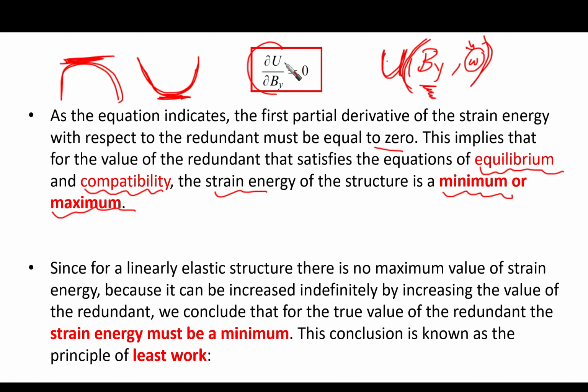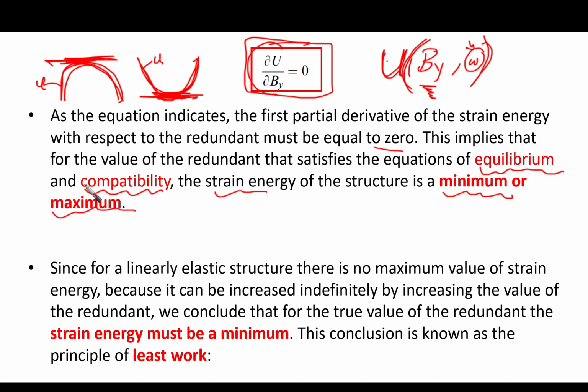Because partial U partial By means the slope of the function, where U is the strain function or the strain energy. So it could be something like this, or something like this, and we are either in the minimum region or the maximum region. This equation tells us that the slope of the function is 0, so we're not sure.